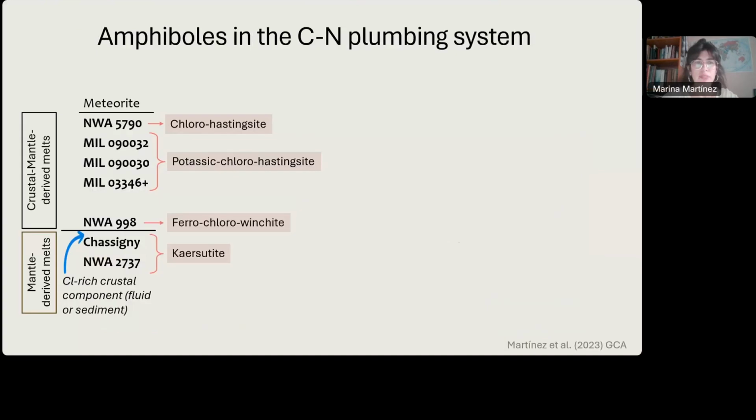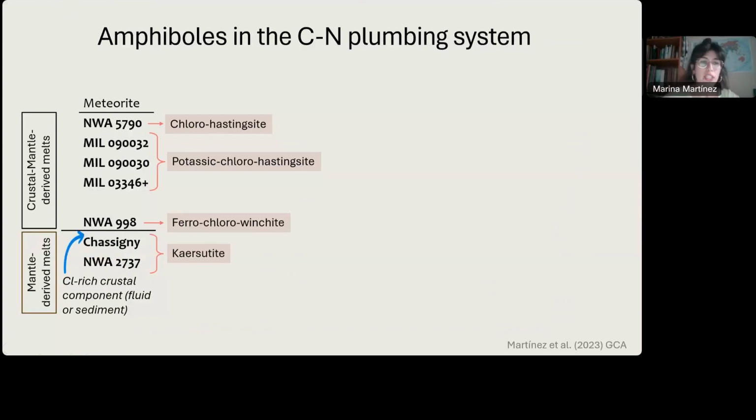And so here I'm placing all the amphiboles discovered to date with the new one in Northwest Africa 998. This is consistent with having a clear separation between chassignites and nakhlites, where chassignites are only derived from mantle melts and nakhlites have crustal and mantle derived melts.